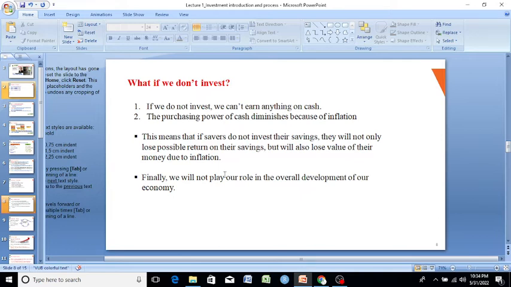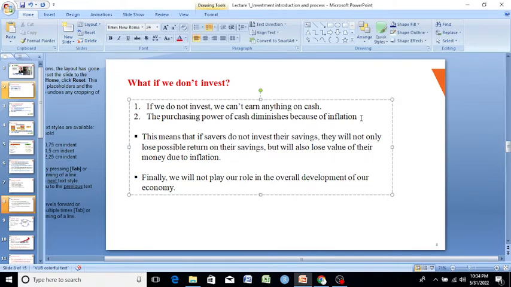Another important cost is that if we don't invest, the purchasing power of cash diminishes because of inflation and because of time value of money. This means that if savers do not invest their savings, they will not only lose possible returns on their savings, but will also lose value of their money due to inflation.